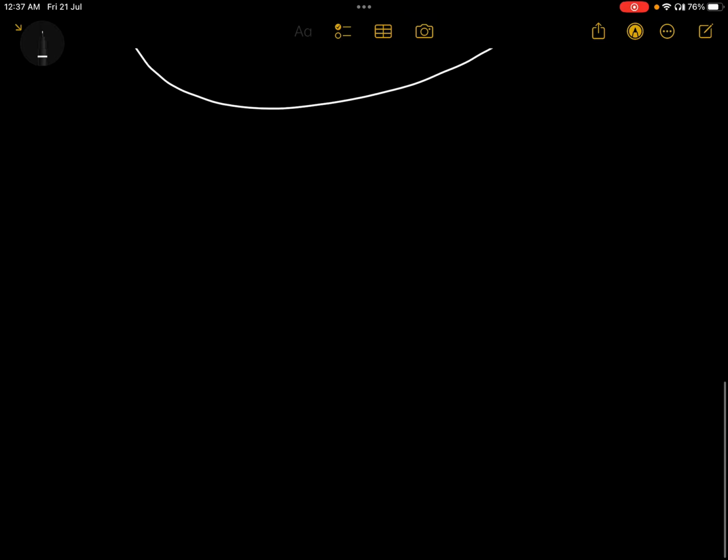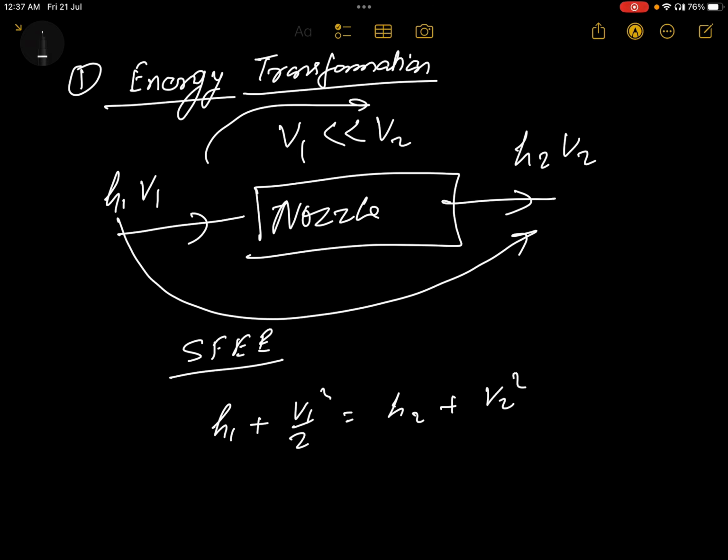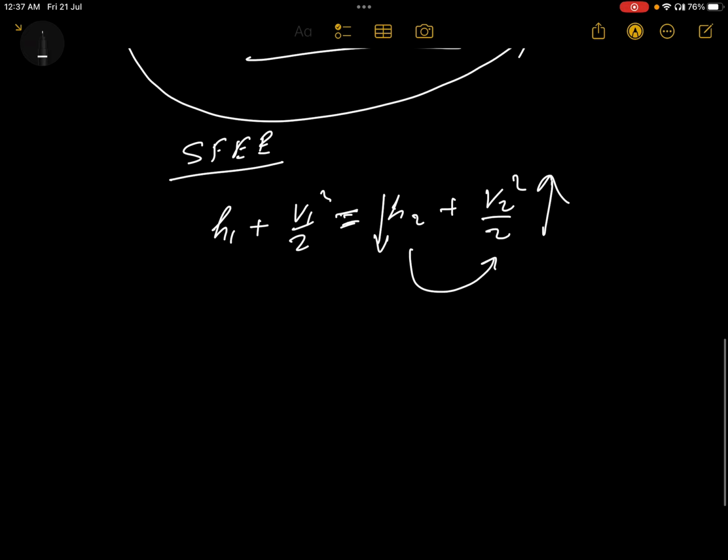For this nozzle case, if we apply the steady flow energy equation, we get H1 plus V1 square by 2 equal to H2 plus V2 square by 2. From this equation we can understand that in the nozzle, because enthalpy is decreasing, velocity is increasing, so the enthalpy is converting into kinetic energy.